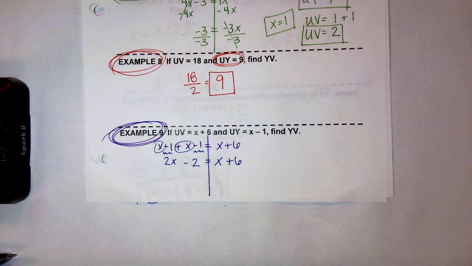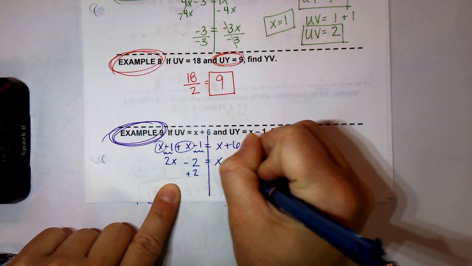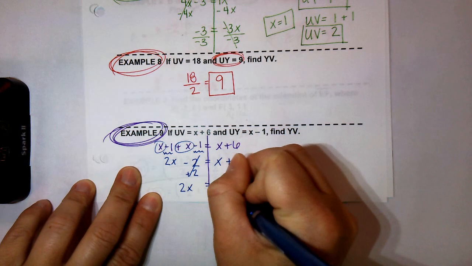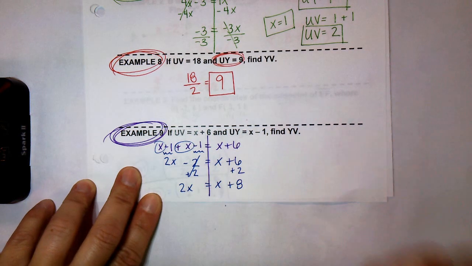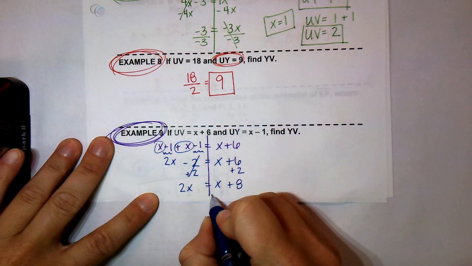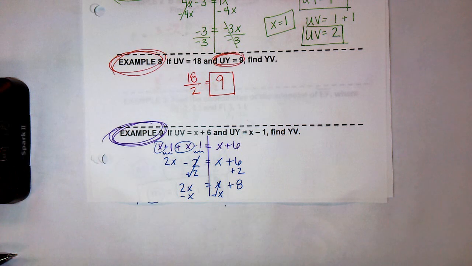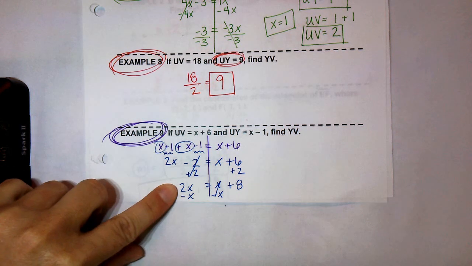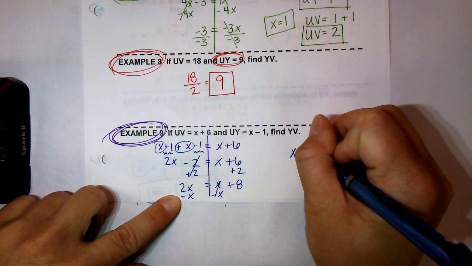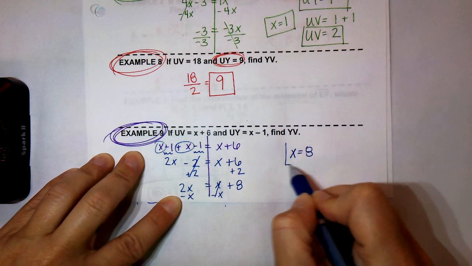I would try to keep things positive, so I would probably add 2 and get 2x equals x plus 8, and then subtract x. There are several ways to do this. I'm just showing you the way I would probably do it. 2x minus x becomes 1x equals 8, and that's my x.